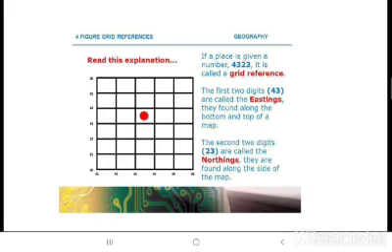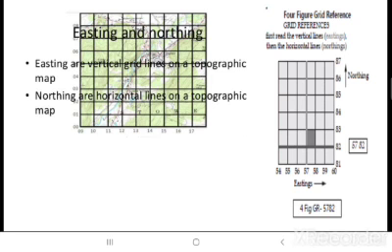Clear? Now let's do some more examples. Suppose over here I have a shaded region and I want you to find out the grid. You take the first two digits and then the next. So first is your eastings. Just prior to the shaded region, which easting is there? 57.